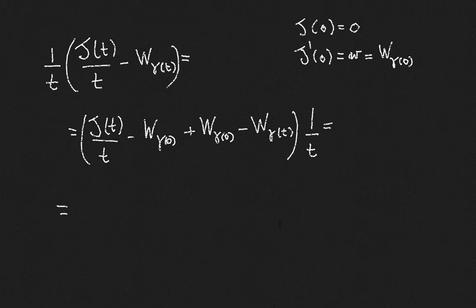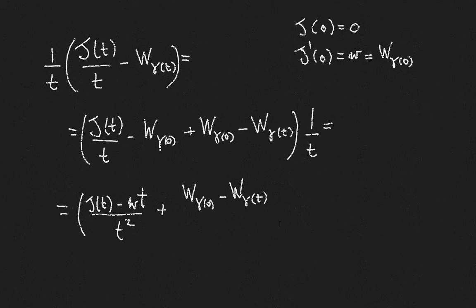And now this is J(t) minus w t over t squared plus this term.